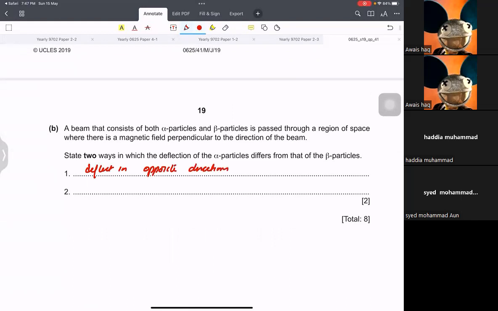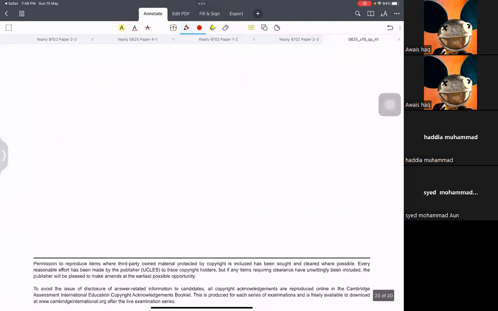Number two, beta will deflect more, because they have less mass. That's why. All right. Is it clear? Any questions now? That's the end of the paper.